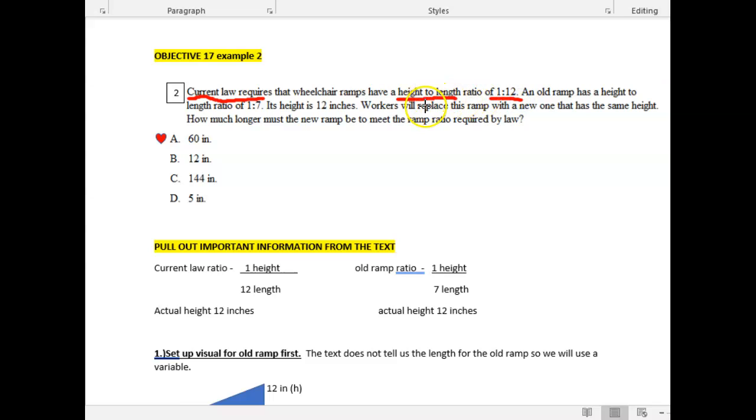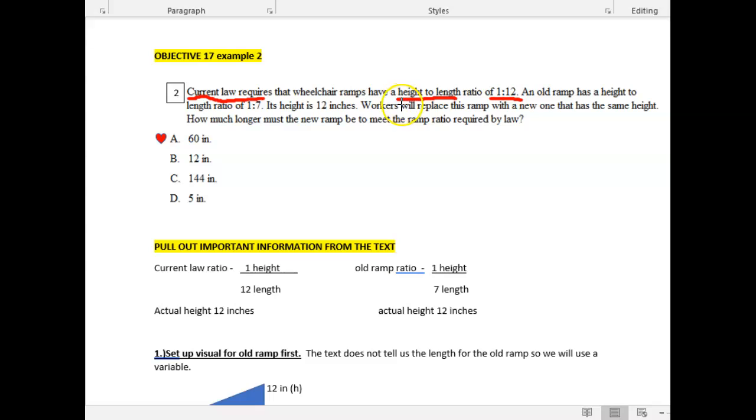I want to talk about this text because this is very important. It's important because height to length, the height has a value in the ratio of 1 and the length has a value of 12.